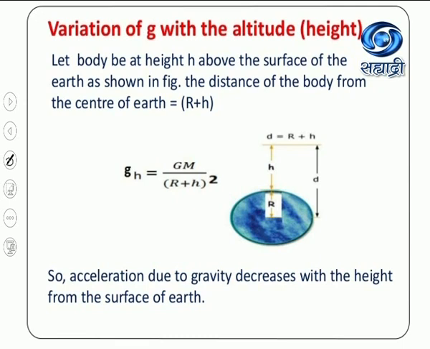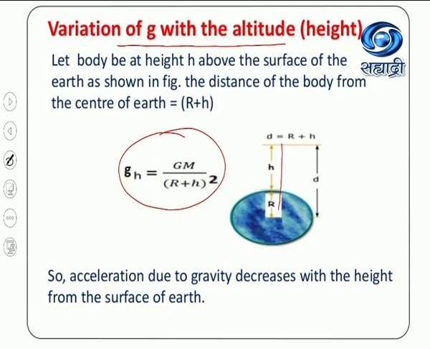So if the distance from the Earth changes, the value of g will also change. Here is the variation of g with altitude, because in the formula you have seen g is equal to GM upon r square. Now the distance goes on increasing.